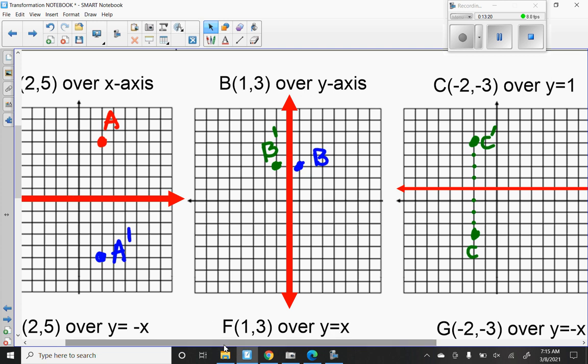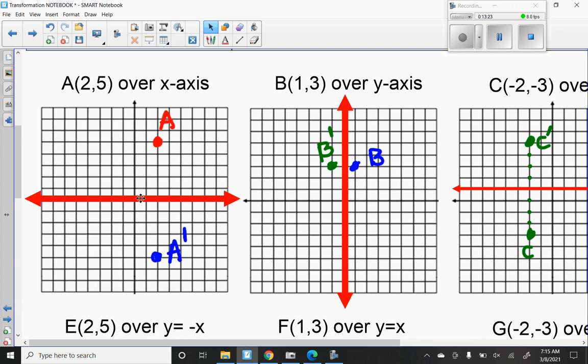Because if you look up here at letter A, you have 2, 5, and then if it's across the x-axis, it says 2, -5. So you might be able to do it okay without a coordinate plane on the x-axis and y-axis. But I would not recommend any other reflection without a coordinate plane.